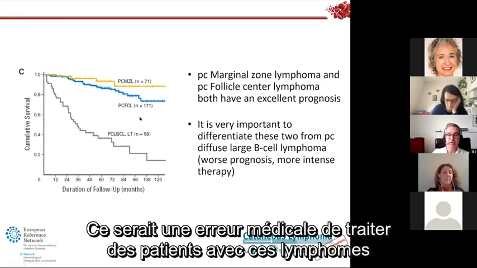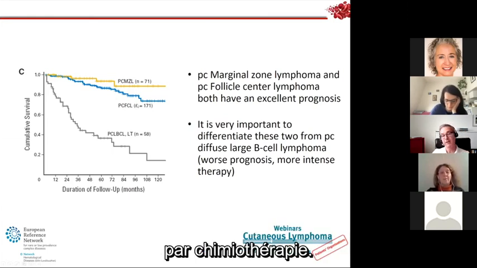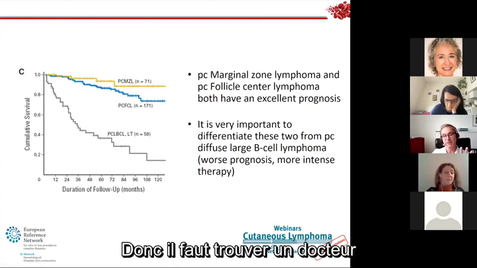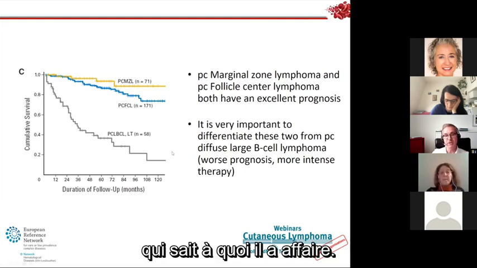It would be a medical mistake to treat patients with these forms of lymphomas with chemotherapy. So you have to be in the hands of a doctor who knows what he or she is dealing with.